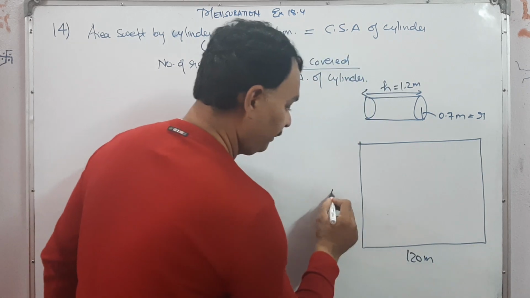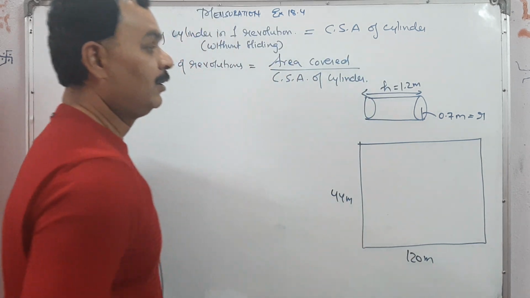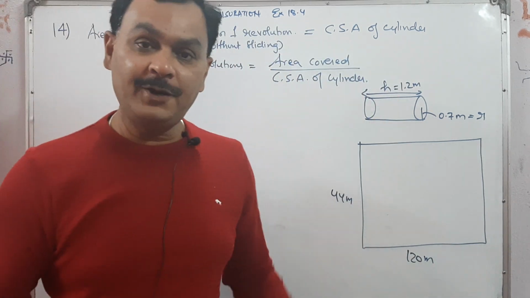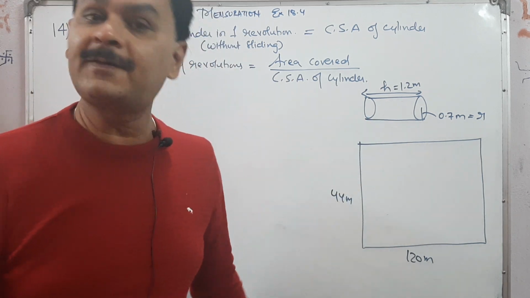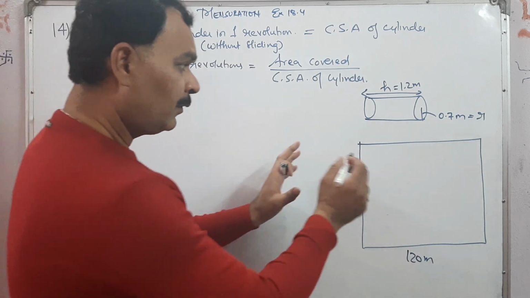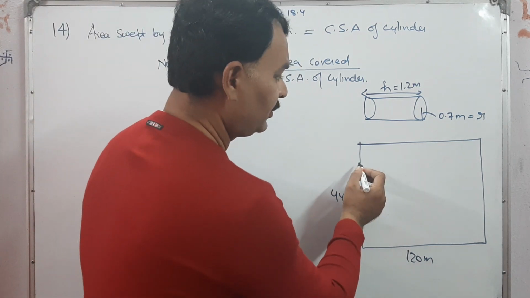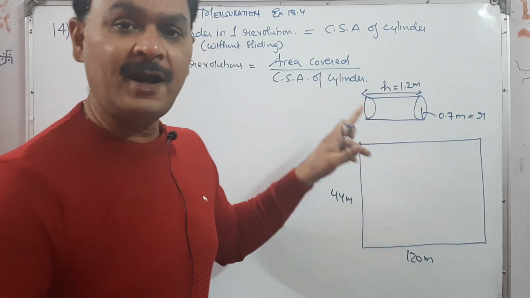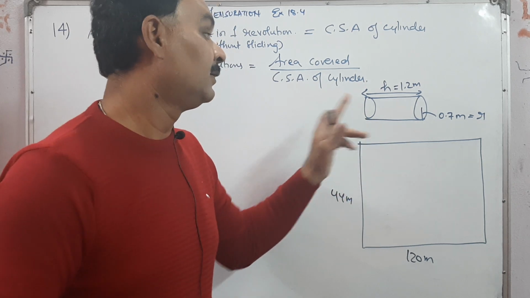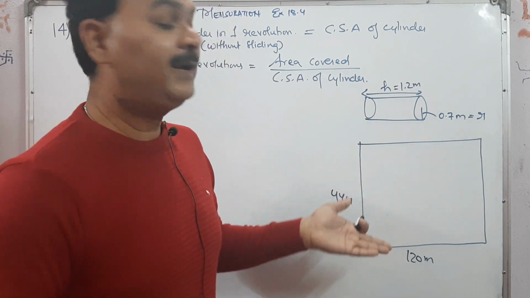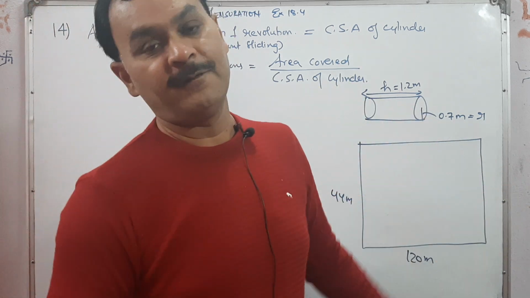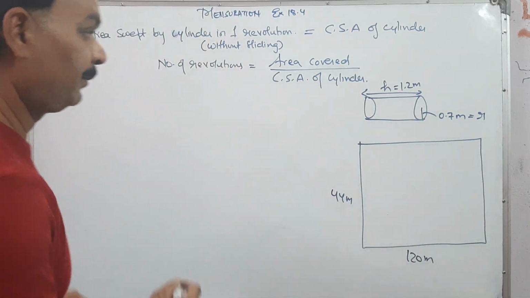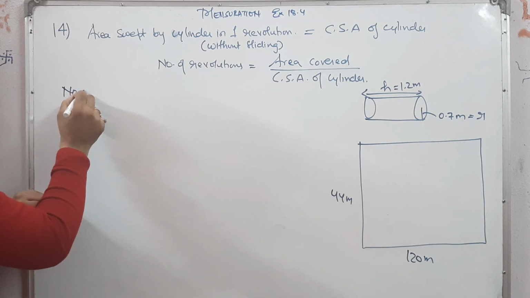So we need to find out how many revolutions this cylinder will make to level this playground. So what we will see, in one revolution, whatsoever the area is covered by the cylinder, how many times it repeats in the whole area of the playground will give you the number of revolutions.